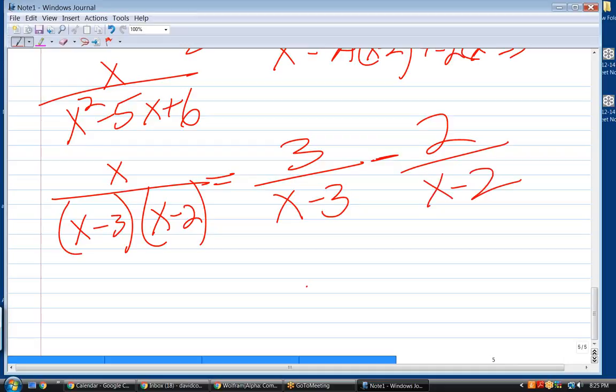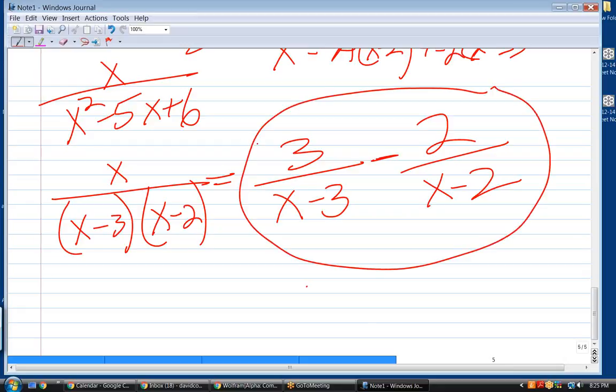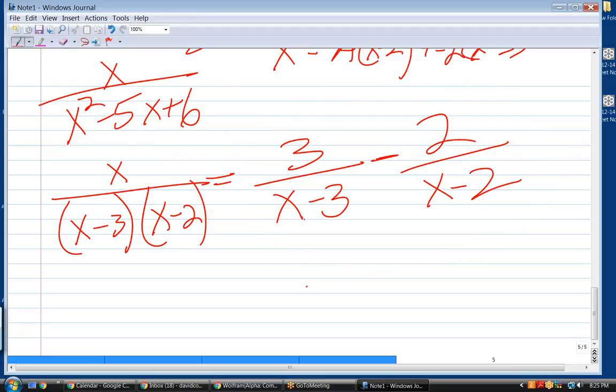Now, we need to check it to make sure. In other words, if this is correct, then I can start from here and get back to there. Right? Right. Okay, well, let's check it. Our common denominator is x minus 3 times x minus 2.